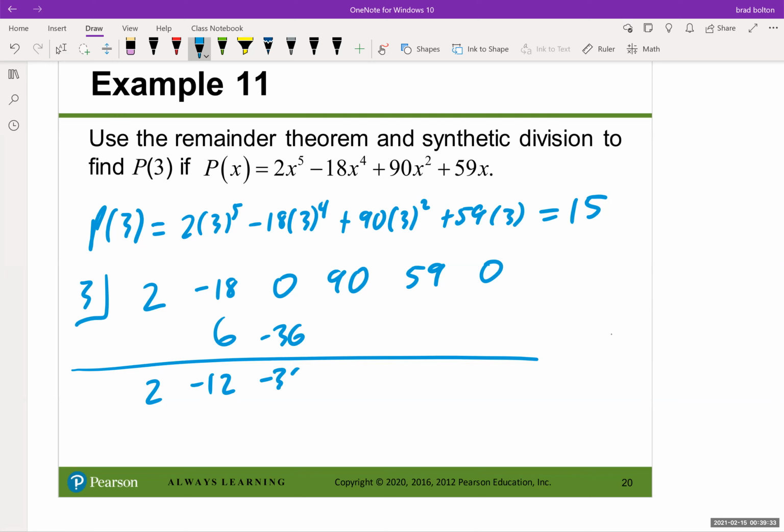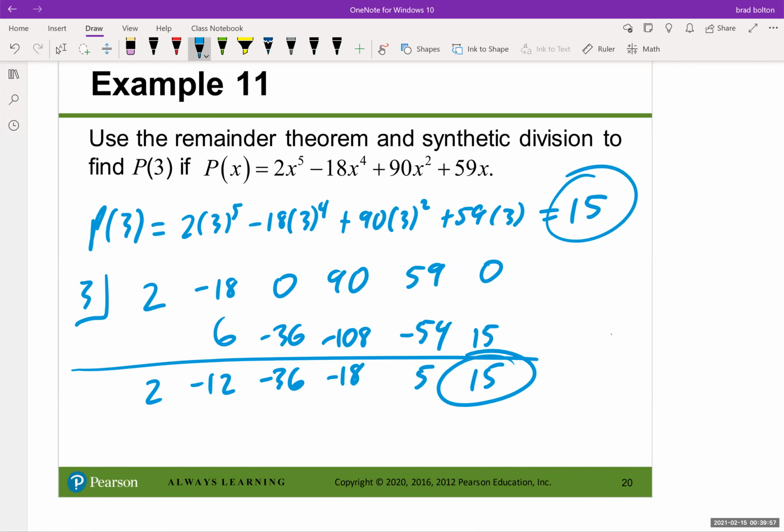Negative 36 times 3, we get negative 108. This becomes negative 18. Negative 18 times 3 is negative 54, that becomes 5. 5 times 3 is 15. That becomes 15. So we have a remainder of 15, just like we thought.